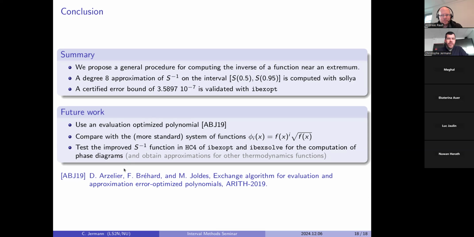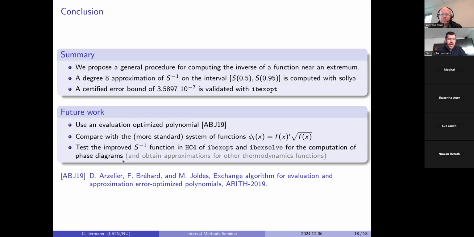And also use other families of functions, because we have realized since then that the somewhat brutal application of a square root over the function itself is not quite standard in approximation theory. Instead, what they use is powers of the function multiplied by the square root of the function, and not immediately the square root of the function elevated to some powers. It's almost the same, but not exactly.